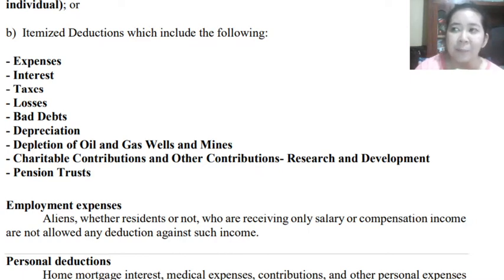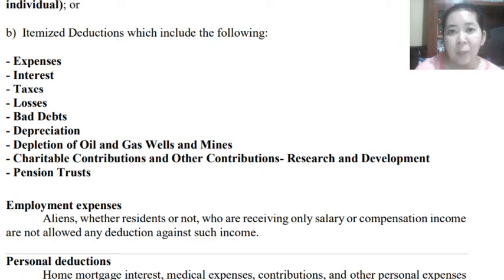But anyway, upon computing later on, since depreciation expense is part of our income statement, that's why it's listed under the itemized deduction. Next is depletion of oil and gas wells and mines. These are business entities whose business is to extract natural resources.